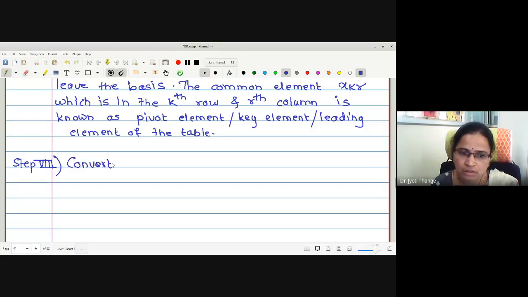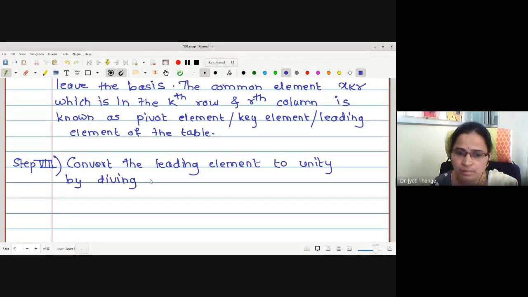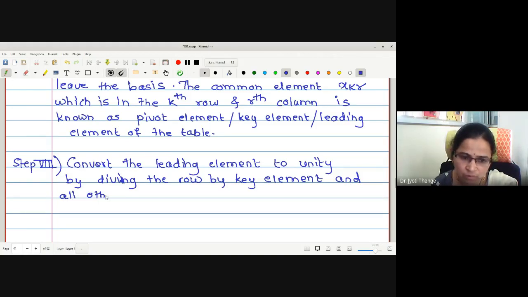Convert the leading element to unity by dividing the row by the key element, and all other elements in its column to zeros by making use of the relations.